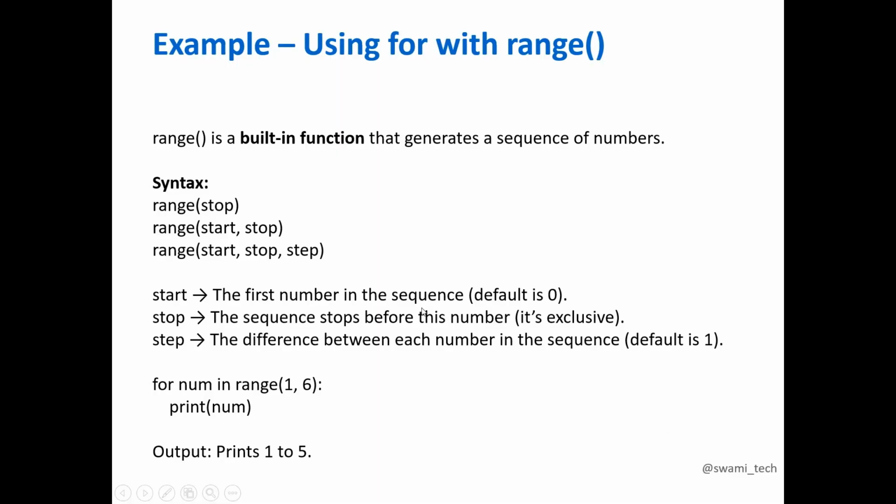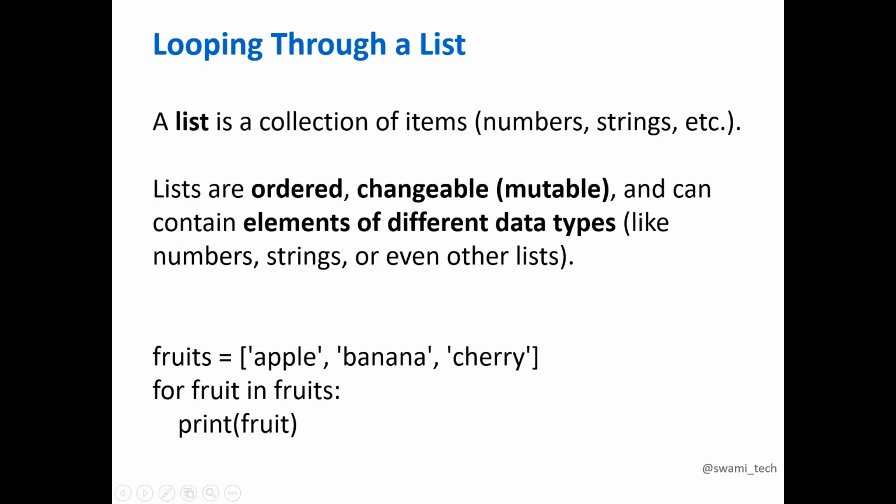Let's move to our next slide. It is looping through a list. We have already discussed lists, so this is a flashback. A list is a collection of items, that is numbers, strings, etc. And sometimes you want to do something with each item in the list. That's where a for loop comes in handy. So let's try this example as well.